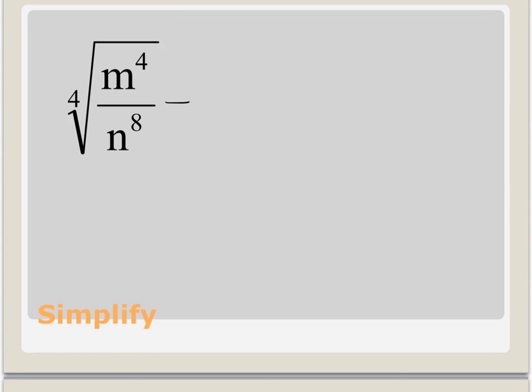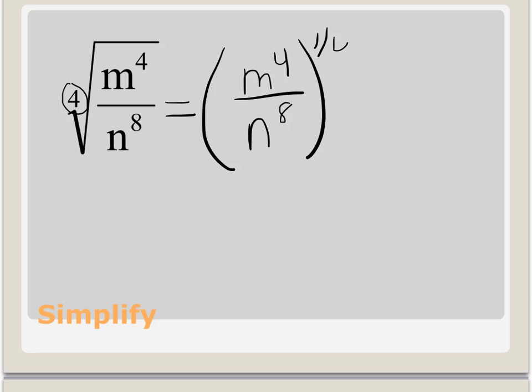So same thing here. This fourth root means that's the 1/4 power. So we can think of this like m to the 4th, n to the 8th to the 1/4 power, and then distribute the exponent that way.